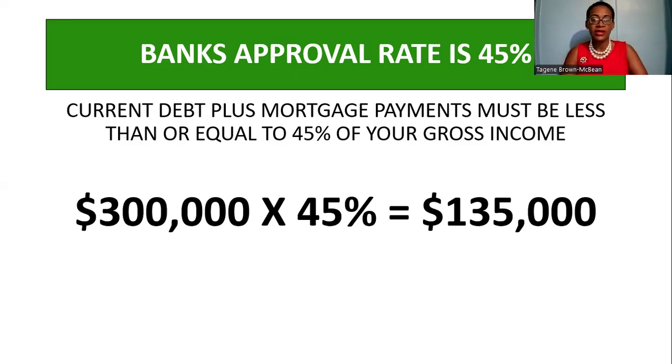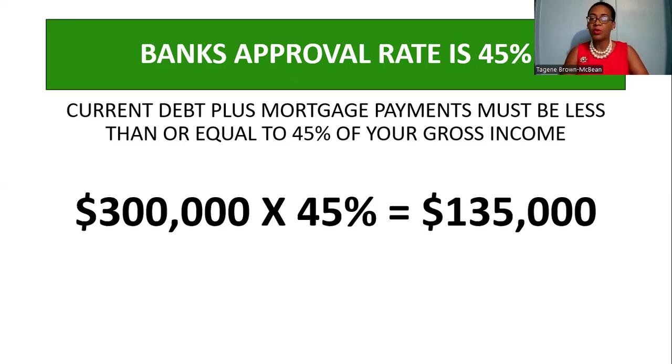So this 135,000 does not represent your mortgage payment. It represents your current debt payment plus any additional mortgage payments that you would qualify for.